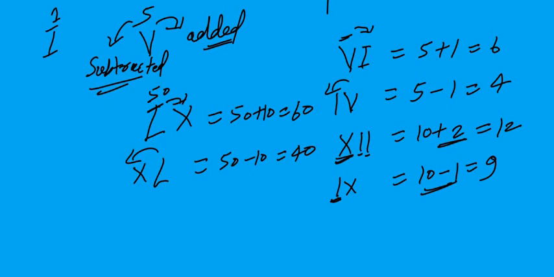Our next rule is: the symbols V, L and D are never written to the left of a symbol of greater value. That is, V is 5, L is 50 and D is 500, and these are never subtracted. If I write a smaller value on the left side, it will be subtracted, and on the right side, it will be added.